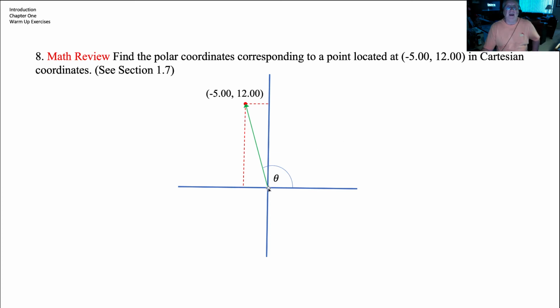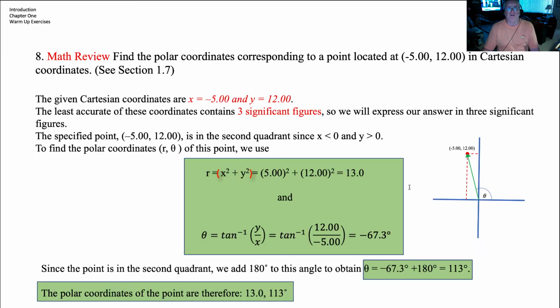Everything to the left on the x-axis is negative. Everything in the upper portion is positive. Everything below the origin is negative. So we want to look at this in terms of converting from Cartesian -5 and 12 to polar systems.